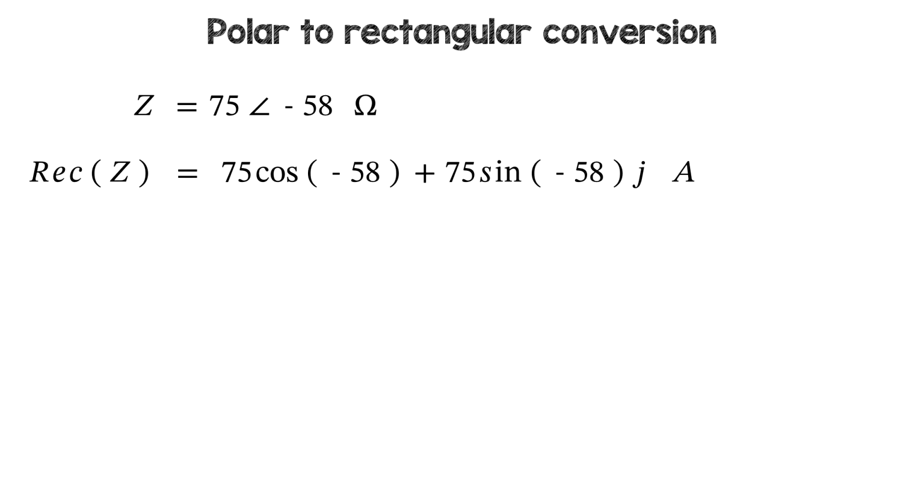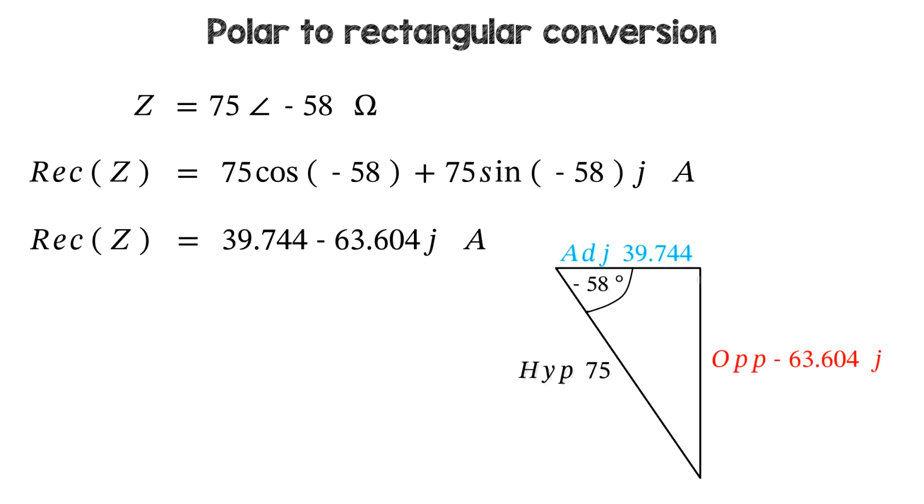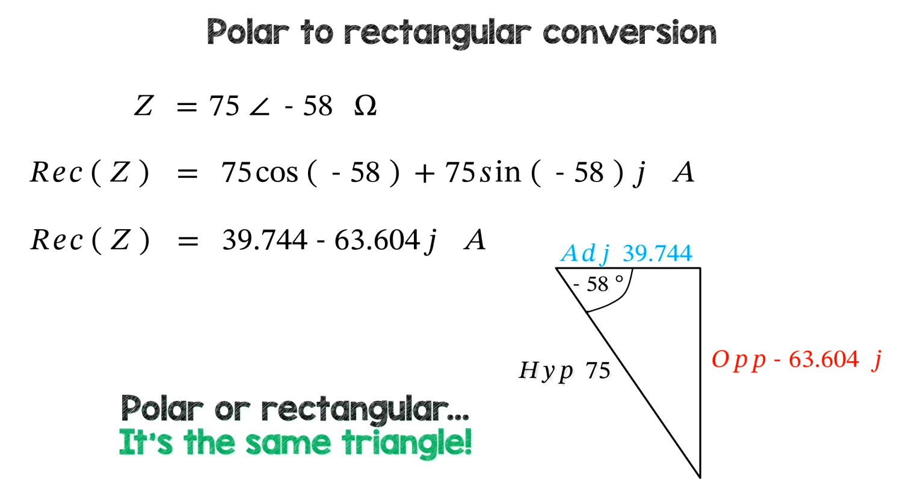Just use a calculator for this, and we end up with 39.744 minus 63.604 j amps. And there's the triangle representing rectangular and polar of the same number. And remember, it's just the same triangle. Whether you use polar or rectangular, it's just a right angled triangle.